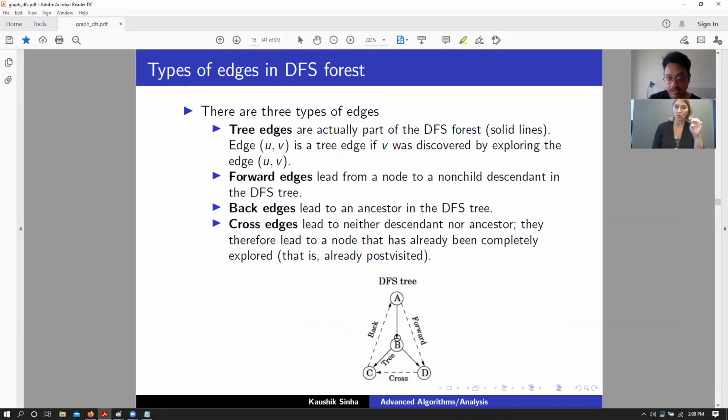If I have a back edge that connects to a particular parent node, that obviously means that I was exploring from this parent node and I came to this particular node C. And if I discover that there is a back edge back to my parent A, which has already been visited, then I can also get back to that node. In that scenario, this becomes a directed cyclic graph, right?